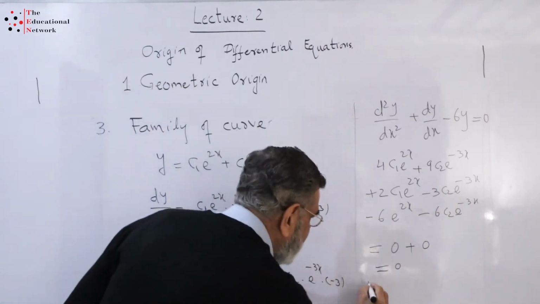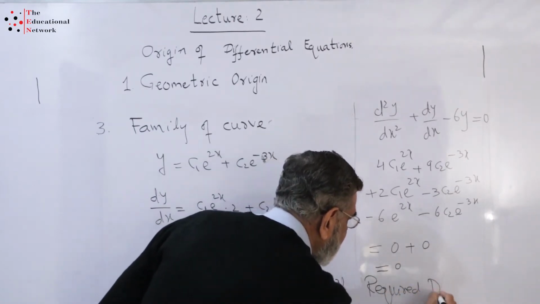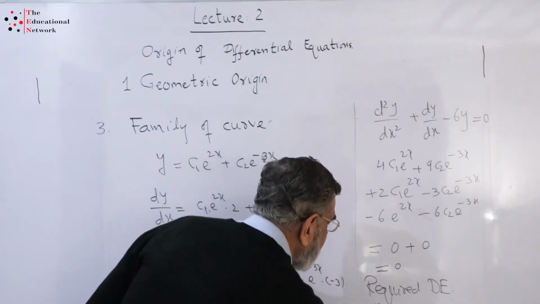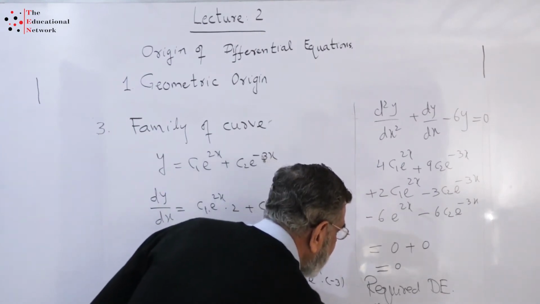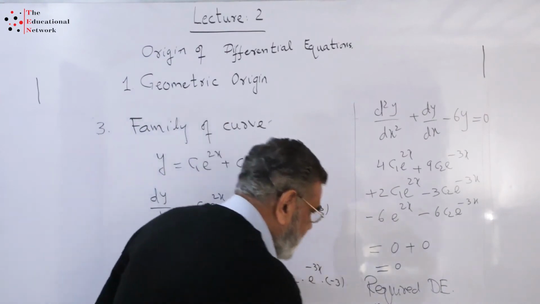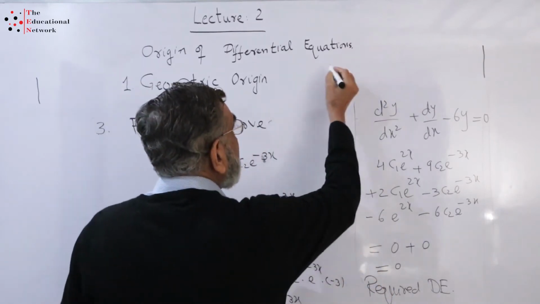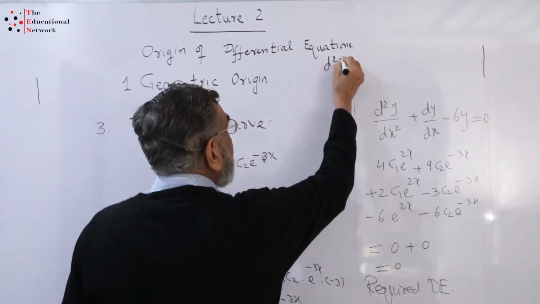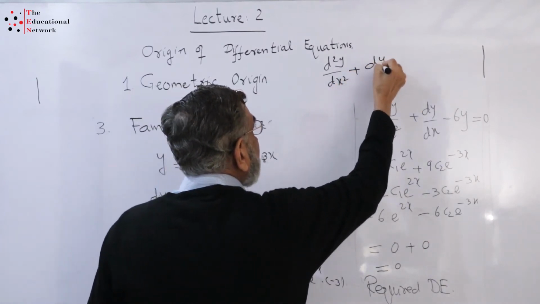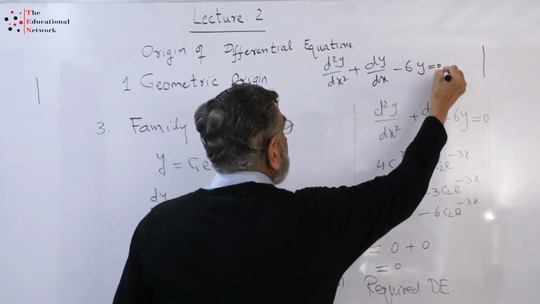So the required differential equation for this family of curves is the second order differential equation d2y by dx squared plus dy by dx minus 6y equal to 0.